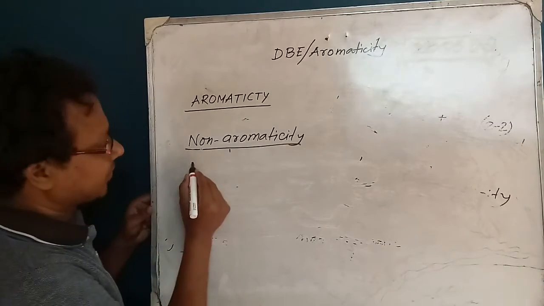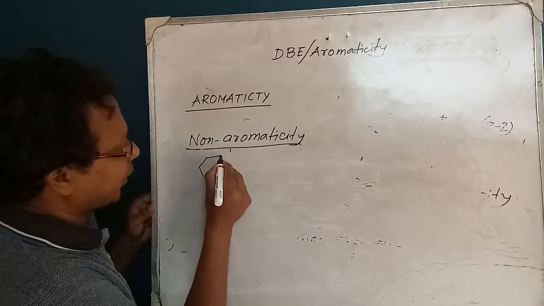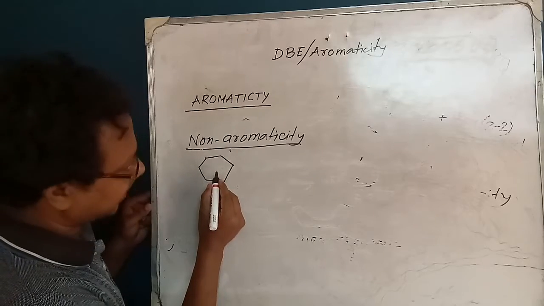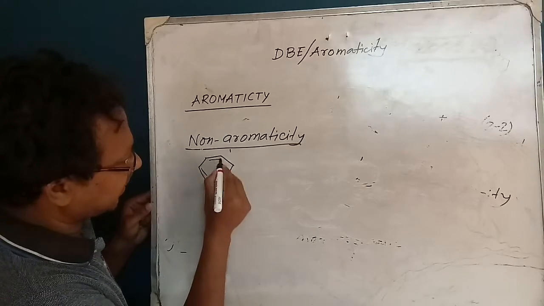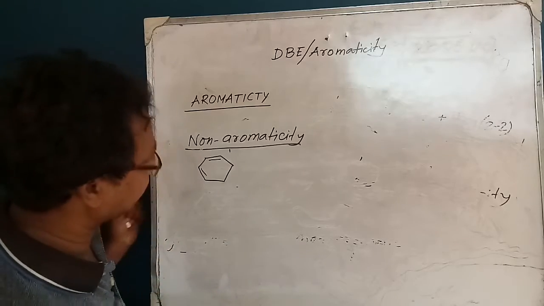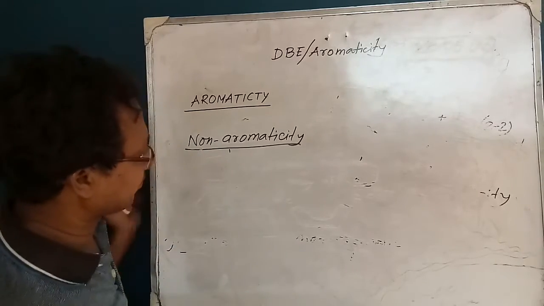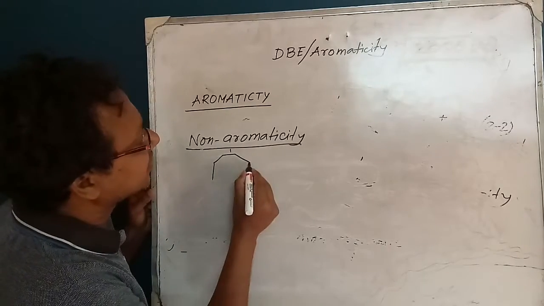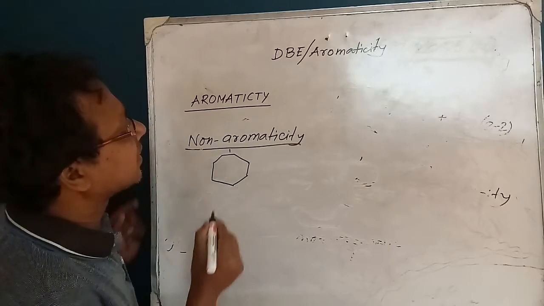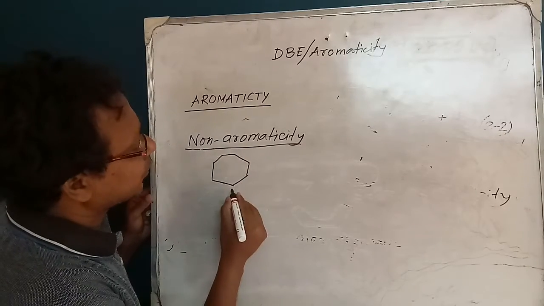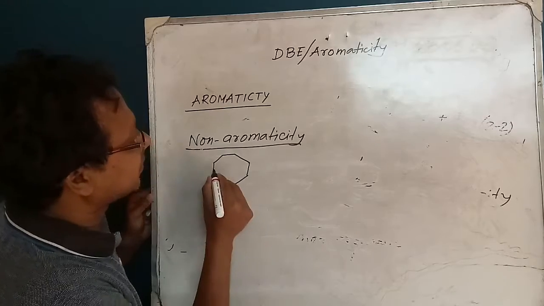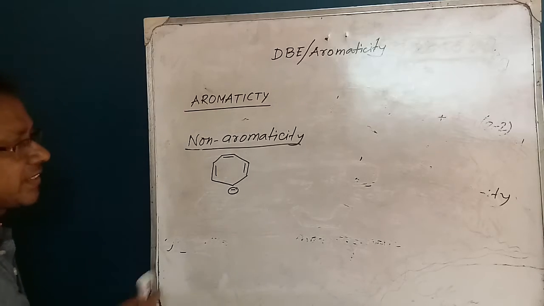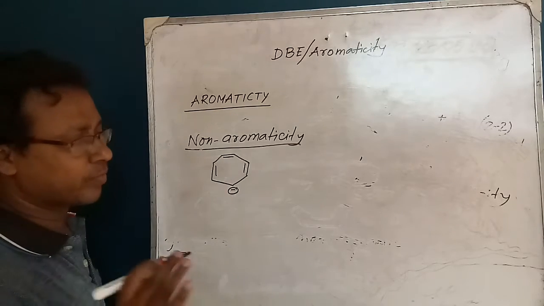Look at here. Cycloheptatrienyl anion. It is sp2, all are planar.